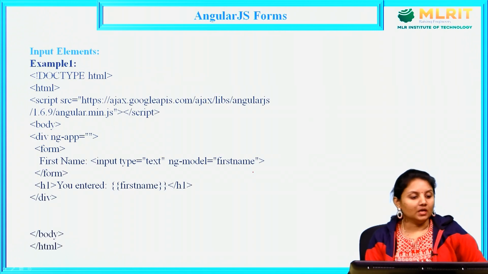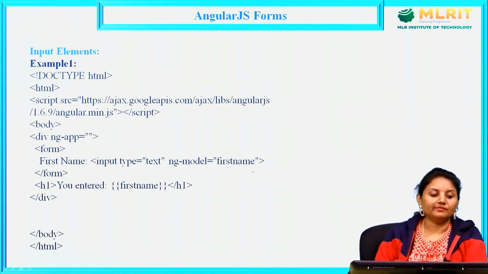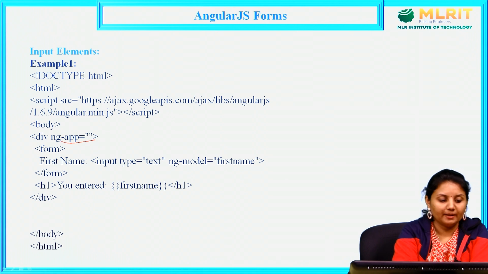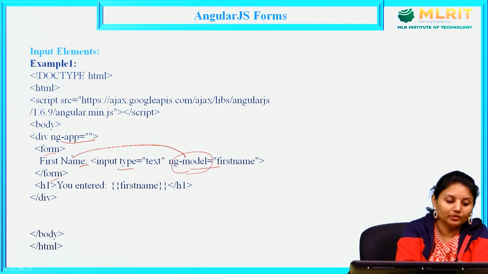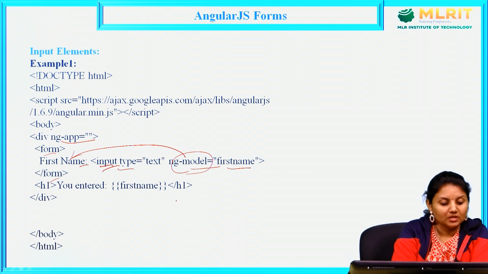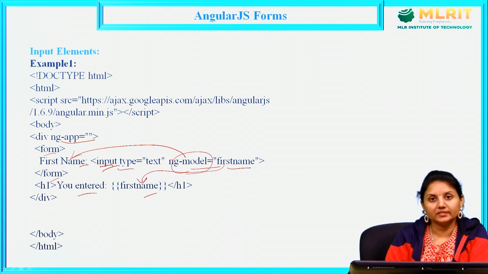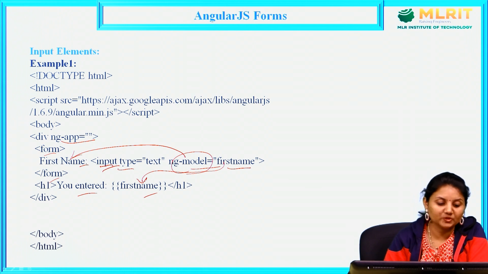Input element: in the div ng-app, we give the app name, and in the form we give the first name input, then the model. ng-model is the attribute that we give for the input tag. Whatever model you have, you print here using the binding. So it is getting bound.